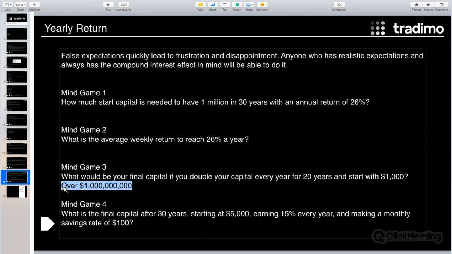And you are making a monthly savings rate of only $100. So this is, I would say, the perfect setup. It's very, very realistic. So $5,000, 15% a year, monthly savings rate of $100. What is the final capital after 30 years? What do you think?